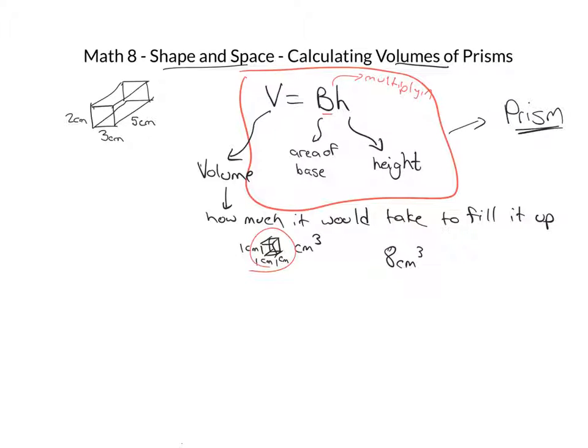The neat thing with a rectangular prism, so I've drawn one out here, is that you could set up any of the sides as the base. It really doesn't matter. For example, you could use the bottom. You could say this rectangle on the bottom is the base, and therefore the rectangle on the top would be the top.